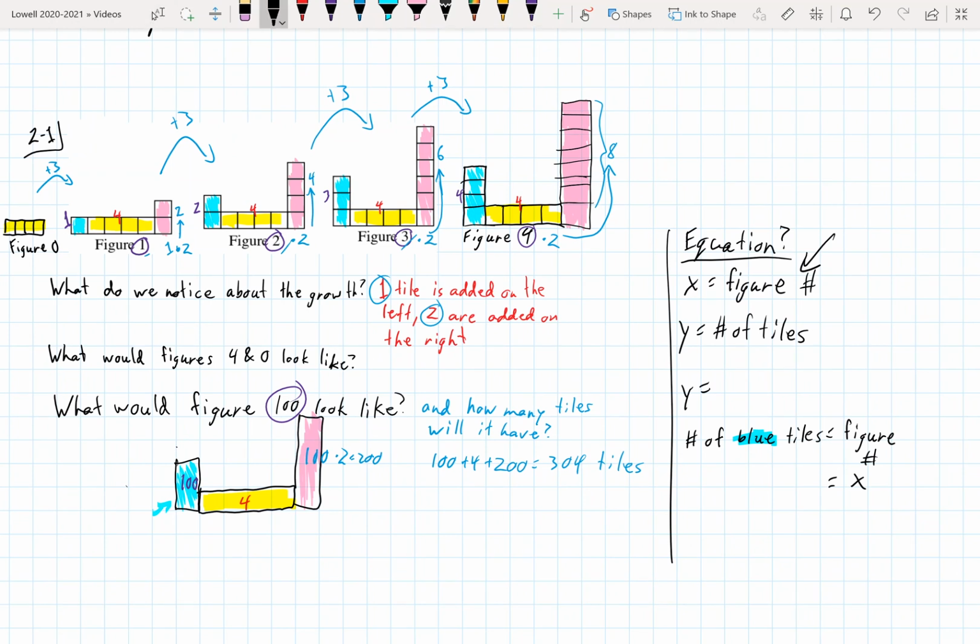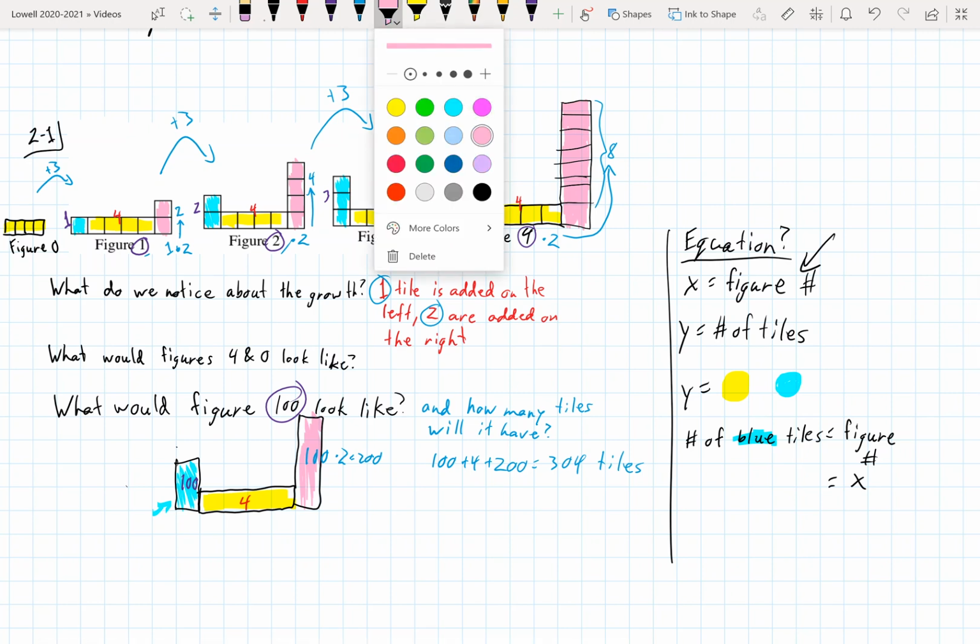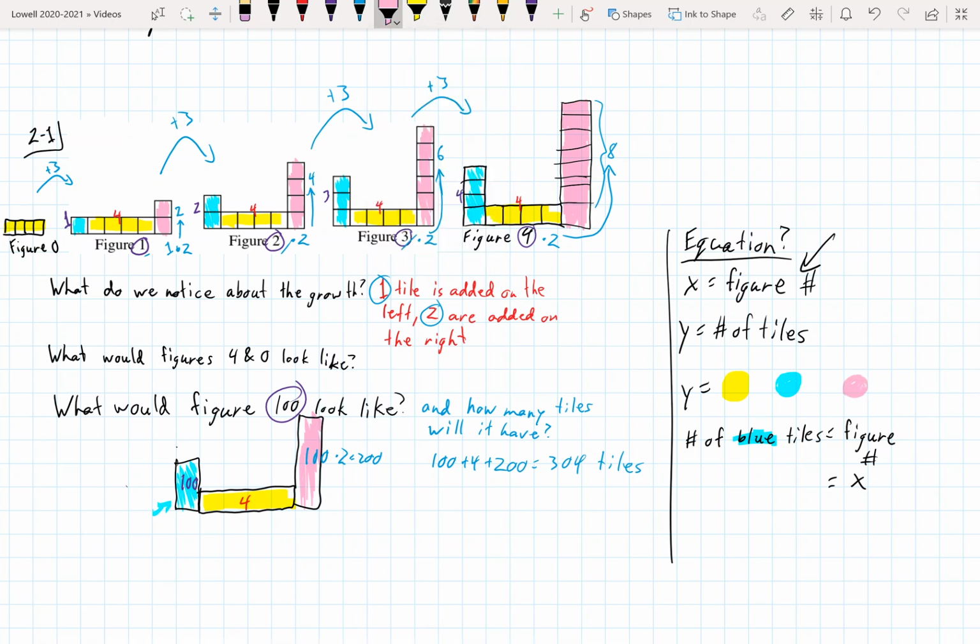Equals, let's see. I know what I'm doing, trust me. Kind of. So remember, the y, the total number of tiles, is equal to all the yellow ones plus all the blue ones plus all the pink ones. And we would add all those up.